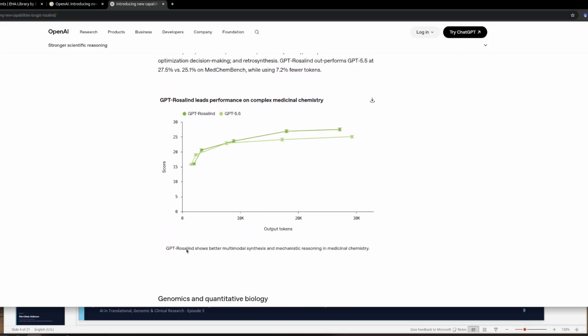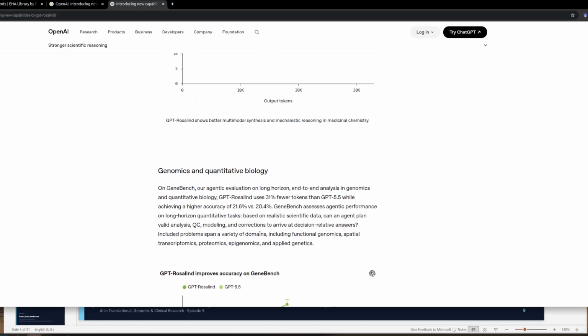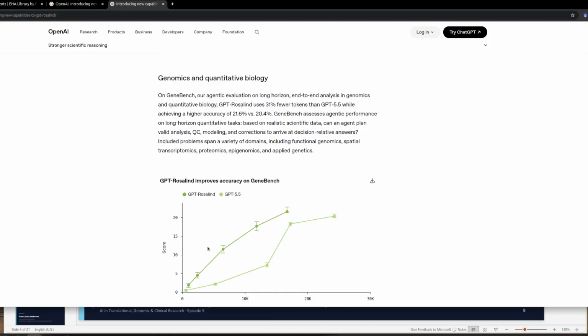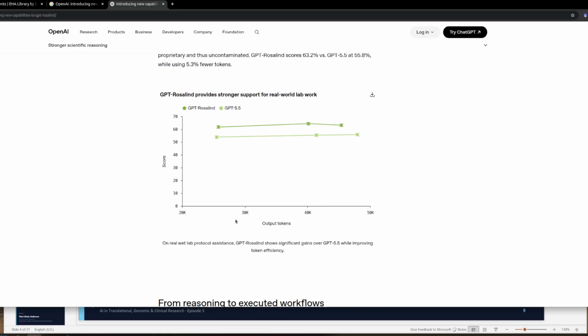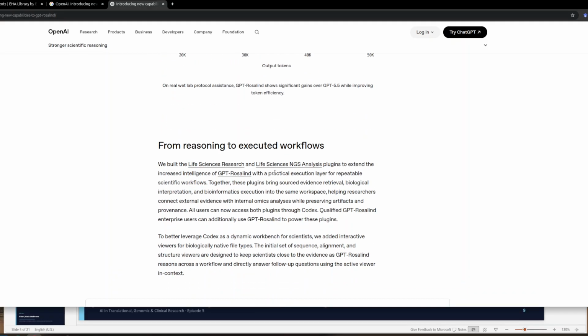In medicinal chemistry, they are saying Rosalind has a slightly better score in output token. In genomics and quantitative biology, Rosalind has quite an impressive score compared to 5.5. Stronger support for real world lab work. Well, that's fantastic.